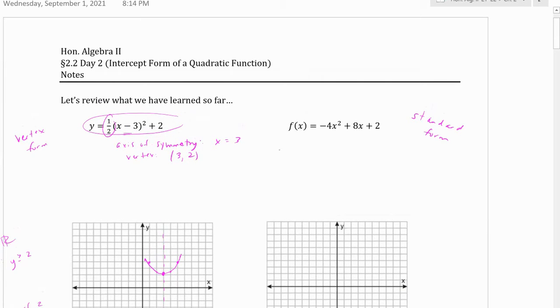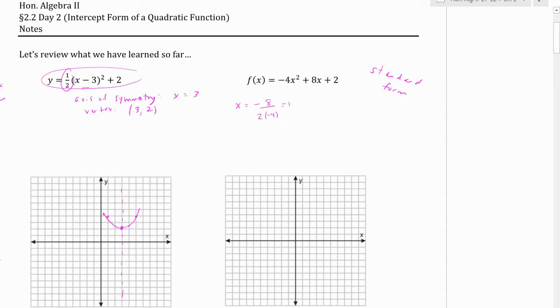Standard form, remember your axis of symmetry, you figure out x is the opposite of b over twice the a. Negative 8 over negative 8 is 1. So axis of symmetry right there at 1. When you plug 1 in, negative 4 plus 8 plus 2, it's going to be 6.